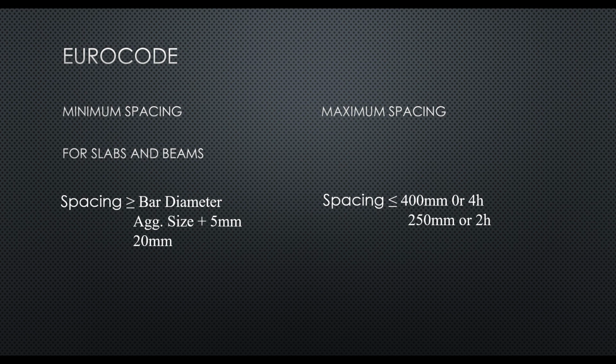So the maximum spacing of reinforcement for slab and beam is taken as 400 millimeters or 4H. This actually applies to distribution reinforcement, but in case of main reinforcement, where we have the maximum amount of bending moment along the slab or the beam, then the spacing should be taken as 250 millimeters or twice the size of the slab or twice the size of the beam, whichever is lesser between the two.